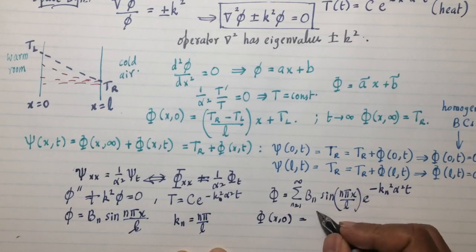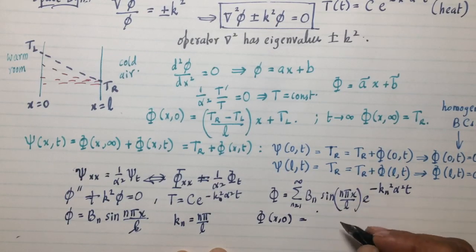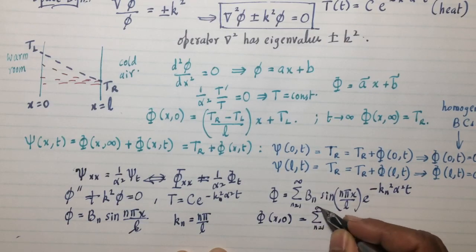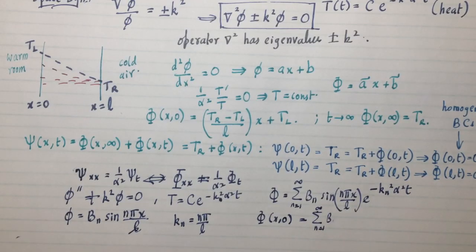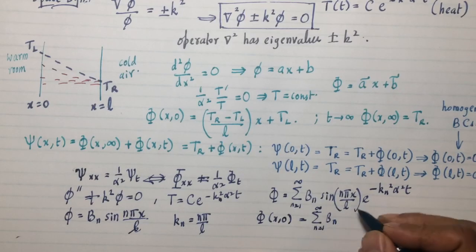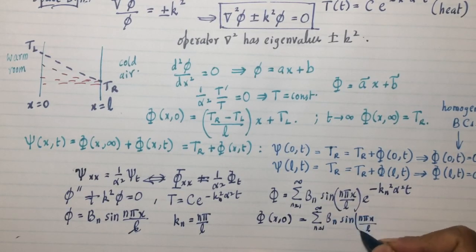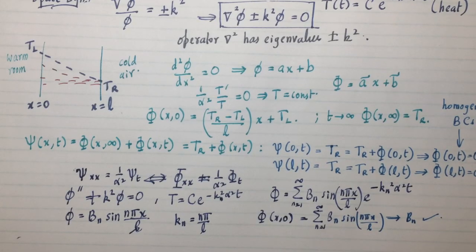That's equal to the sum from n equals 1 to infinity of bn times sine of n pi x over L at time 0, so the exponential doesn't contribute, and you can find the bn's using the usual orthonormality conditions of Fourier analysis.